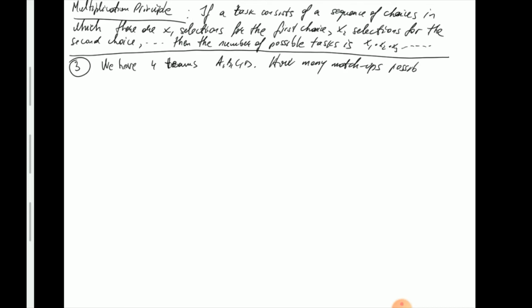How many possible direct games between any 2 of them? So if you think in terms of the multiplication principle, the task is a sequence of 2 choices, and then we write down the number of possibilities for each choice. So that's team 1, team 2. And then you can say, well, there are 4 teams in total.